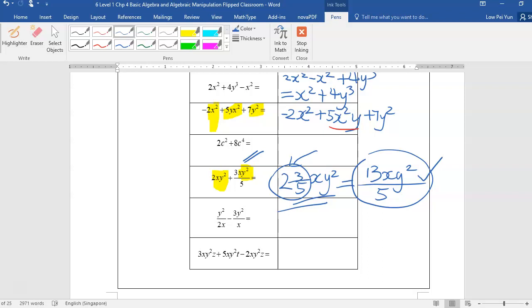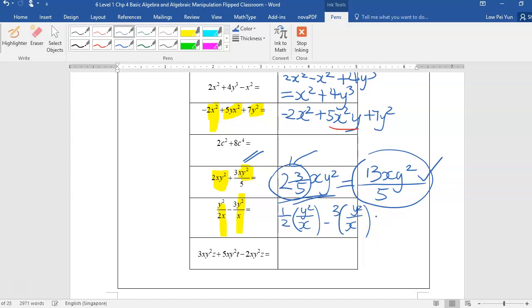This is going to be interesting. We are going to look at the variable first. I see y squared over x. Then this will be half y squared over x minus 3y squared over x. If you can't really understand what I'm talking about, if I rewrite this as half times y squared over x minus 3 times y squared over x, perhaps it's clearer to you.